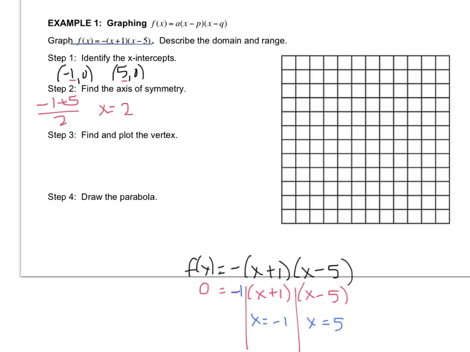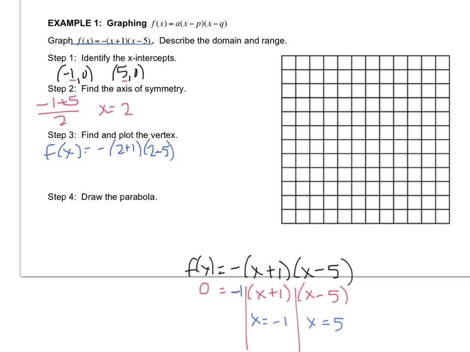I have to find the vertex, because knowing that the axis of symmetry is along the line x equals 2 doesn't help me out at all. I have to know where that actual vertex is. So wherever I see an x, I will plug in a 2 and see what I get. So f of 2 equals negative (2 plus 1) times (2 minus 5).